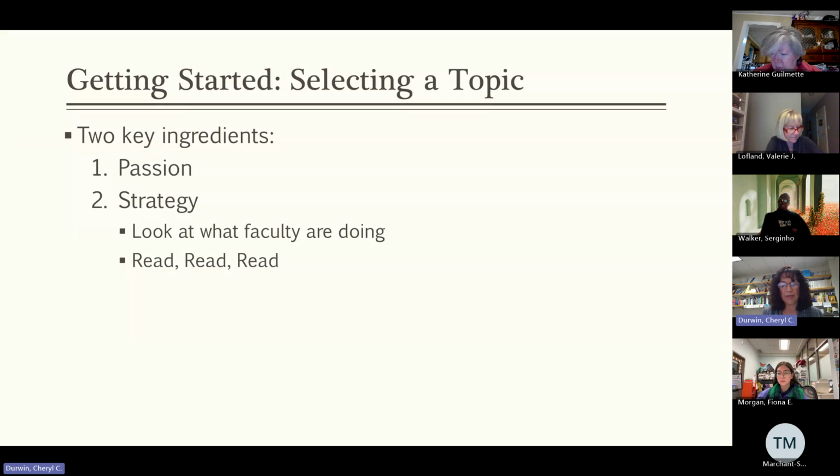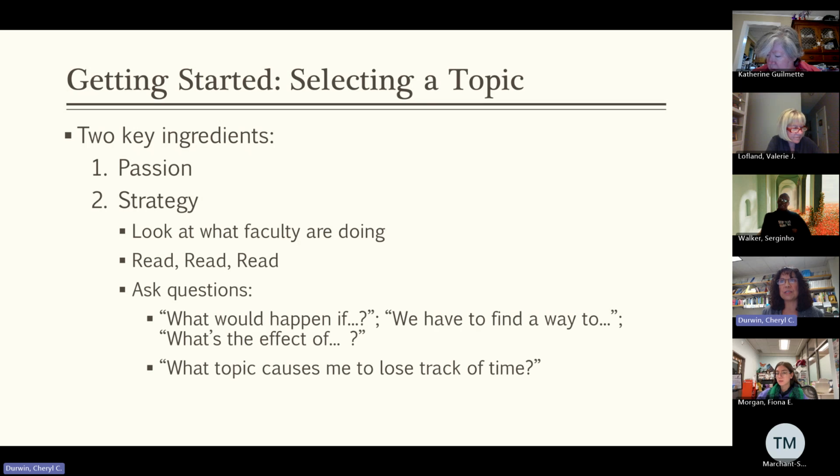The reason is that you can't ask good questions unless you have background knowledge, right? So once you find a topic and find a passion, you're going to be asking yourself some questions. What causes me to lose track of time that I want to research more? Do we have a solution to something? Can I find how to solve something?